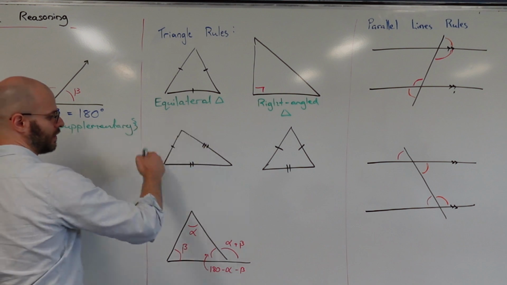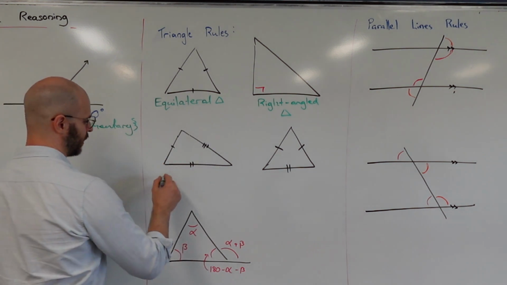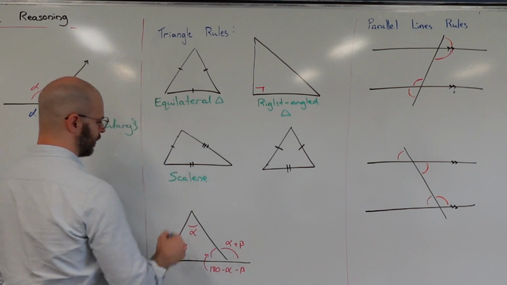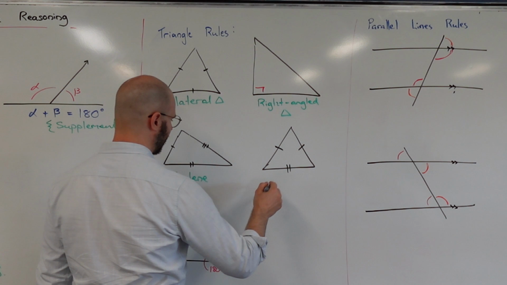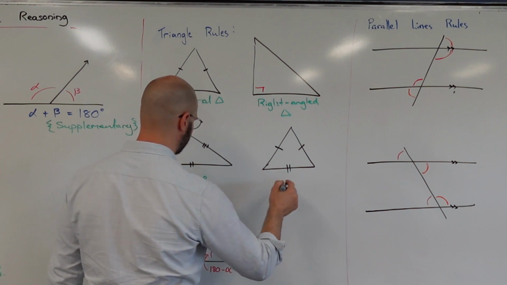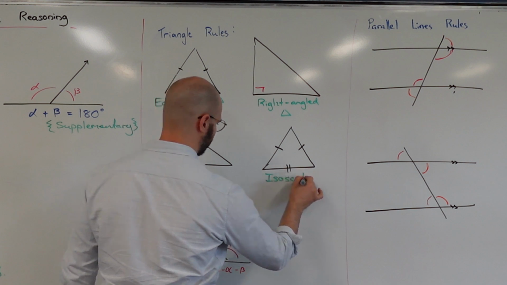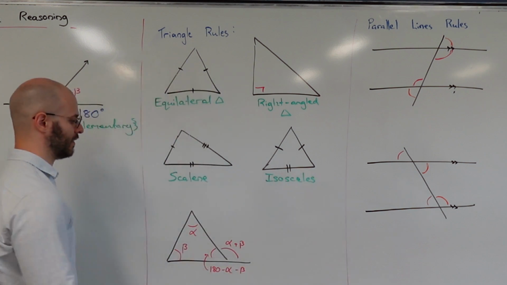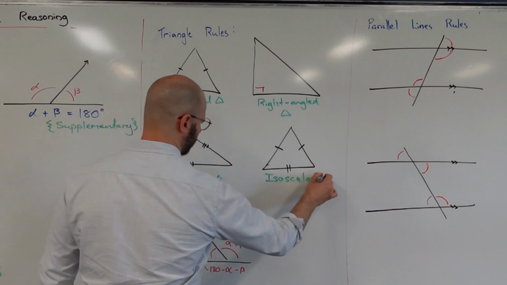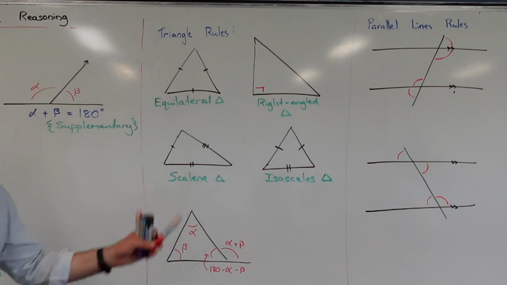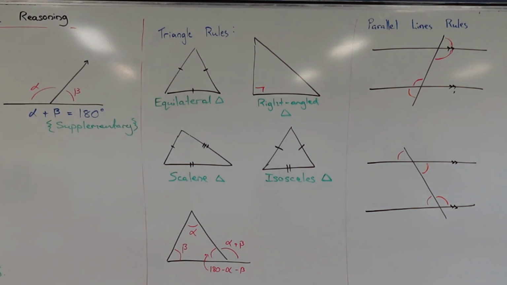Now, if all the sides of a triangle are different, we call it a scalene. And if 2 of the sides are the same, this one's really important for spec mathematics. We call it an isosceles triangle. This one's quite important because a lot of the relationships that we identify in the spec math course rely heavily on the isosceles triangle properties.